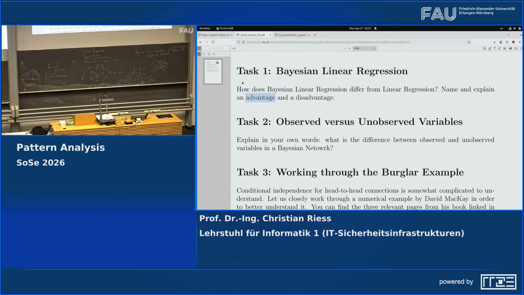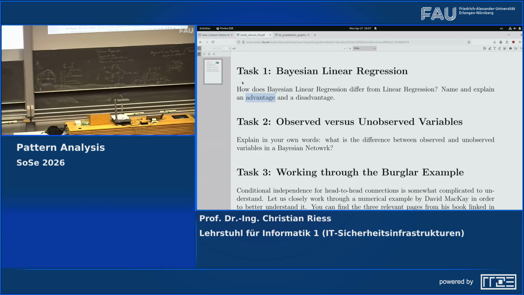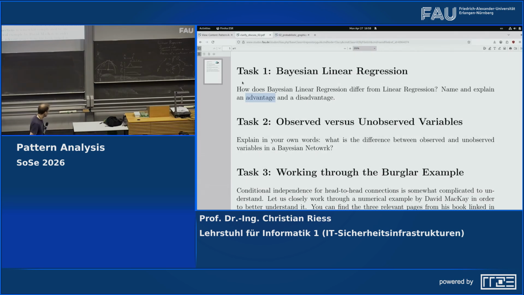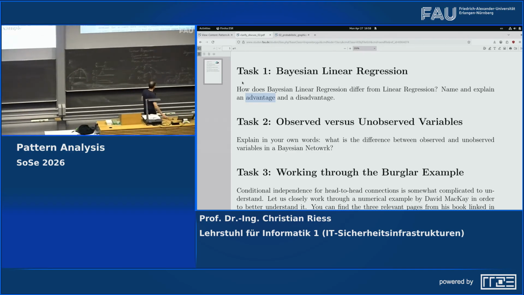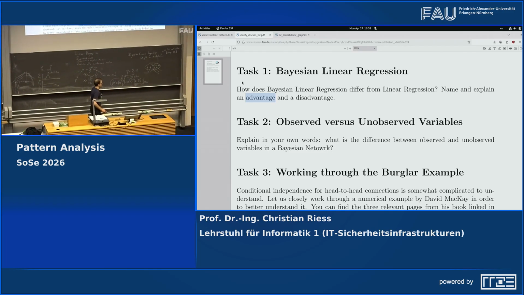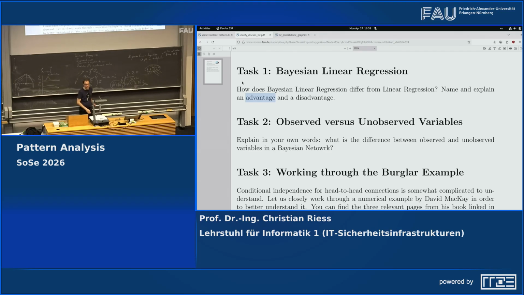You try to defend the advantage of Bayesian linear regression by this. So these three distributions here on the left. So let's say indeed that we want to fit a squared function, just for the sake of example.